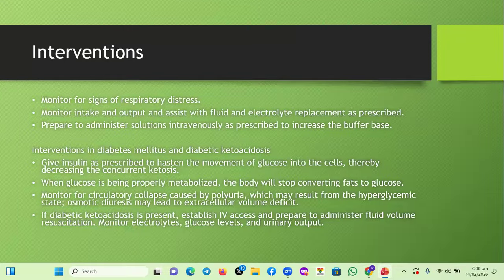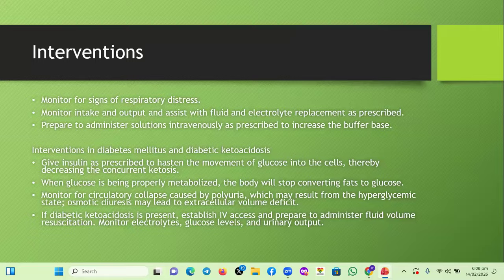You monitor for circulatory collapse caused by polyuria, which may result from the hyperglycemic state, and then osmotic diuresis may lead to extracellular fluid deficit. So you might have to monitor for any form of respiratory collapse, because we know that in DKA, one of the main issues was polyuria, excess urination.